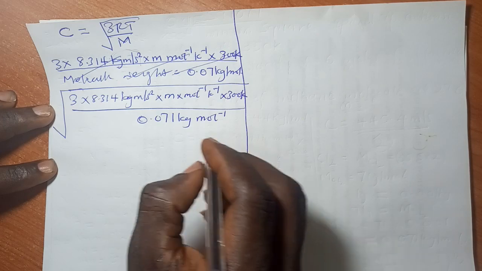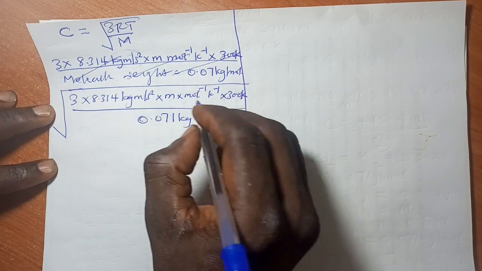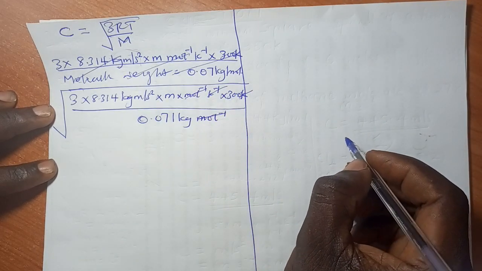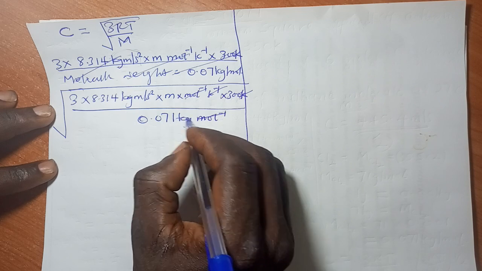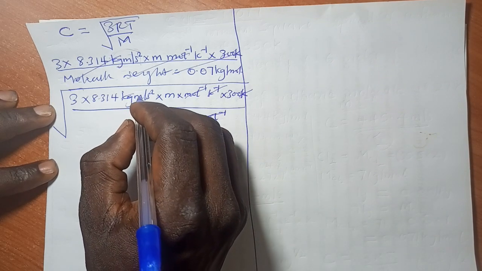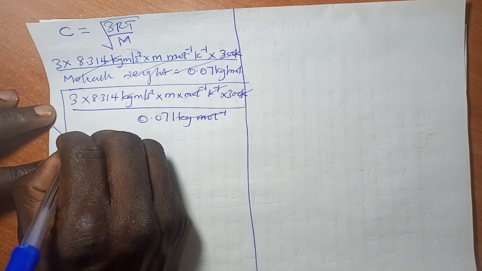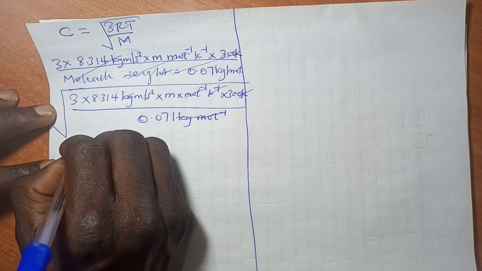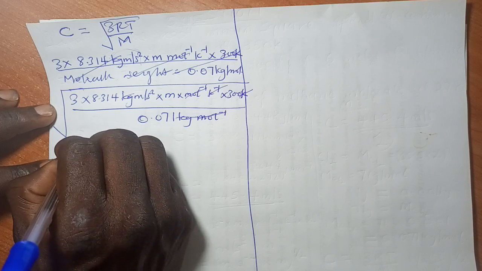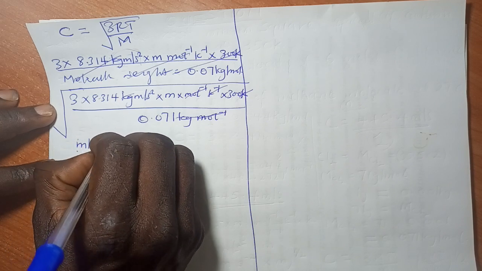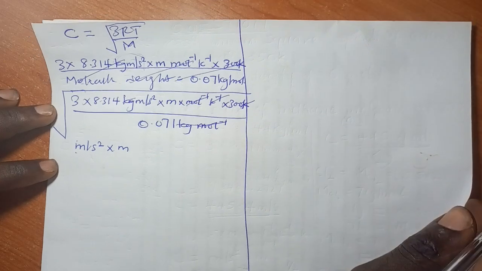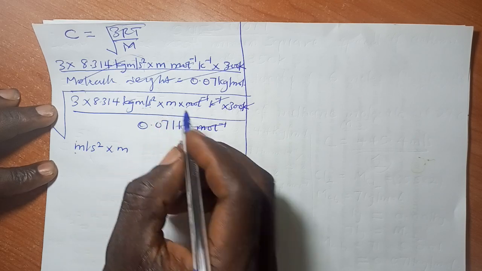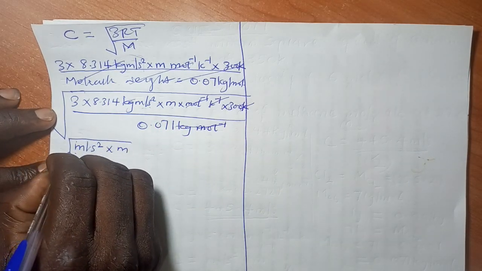When you do that, you will see that this Kelvin will cancel this per Kelvin, and this kilogram will cancel this kilogram, such that what is left is meter per second square times meter, all with a square root.